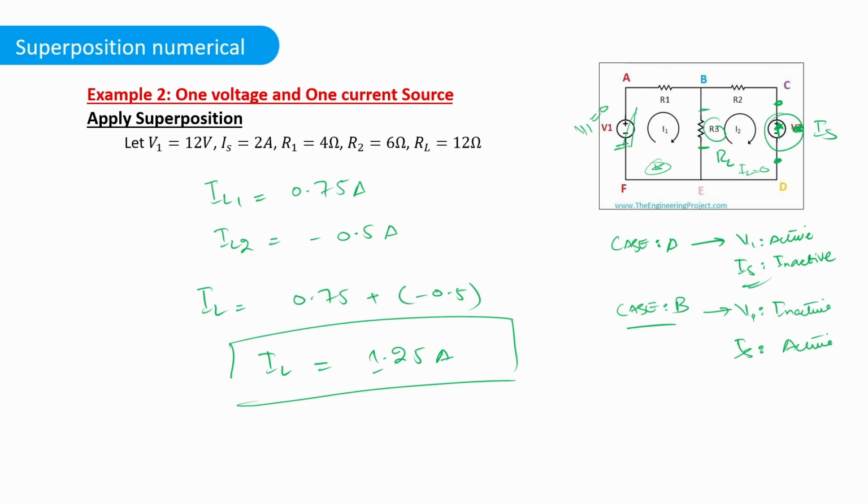Once again, this will be really easy to solve, because in the second case IS is active and we already know its value, which is 2 ampere given to us over here. So we don't need to apply KVL in the right hand side loop. We will only apply KVL in the left hand side loop and derive the values of I1 and I2. For each case, we will derive I load 1 and I load 2.